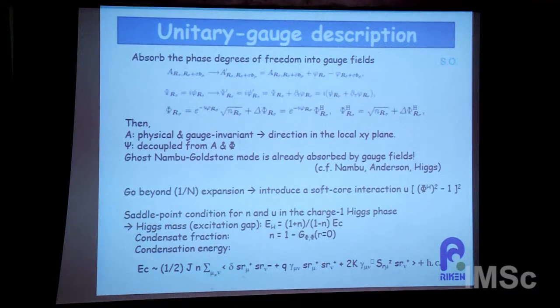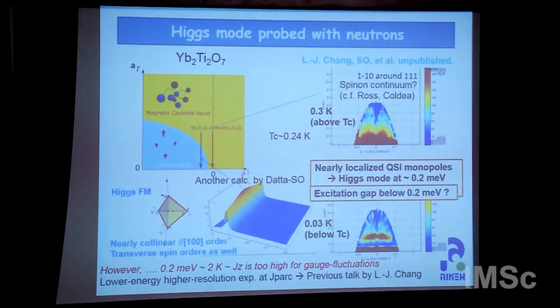So we should see at least 2 modes in the spectrum. These are some results taken at a high temperature, where the features are almost gapless. I'm talking about the results on ytterbium titanate. This is an inelastic neutron scattering experiment along some Q directions taken at 0.3 K above TC.